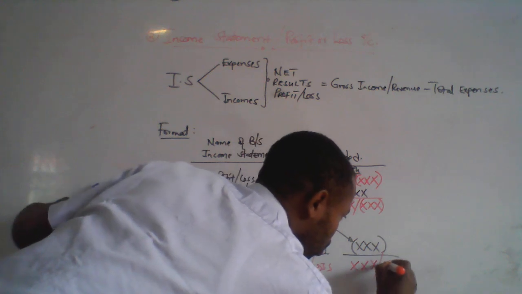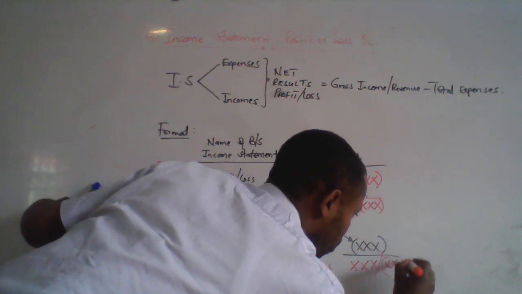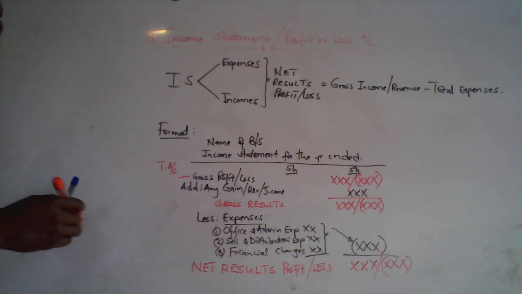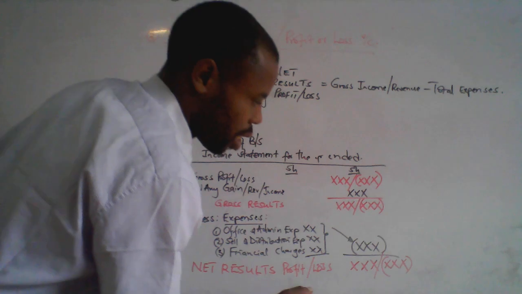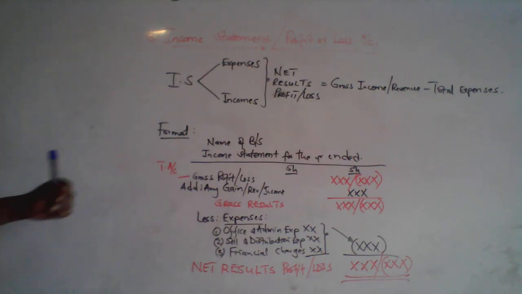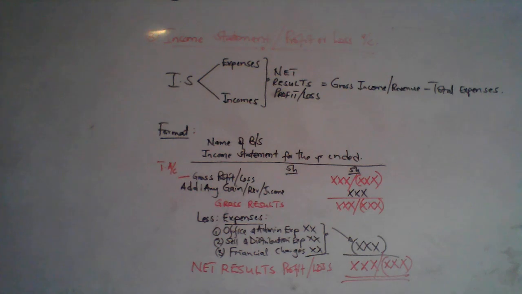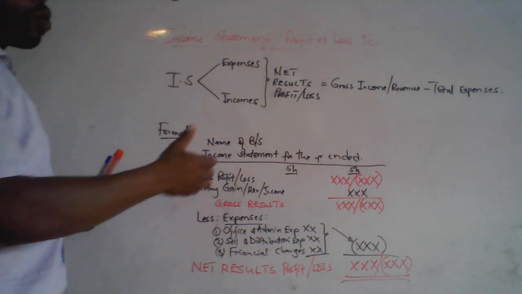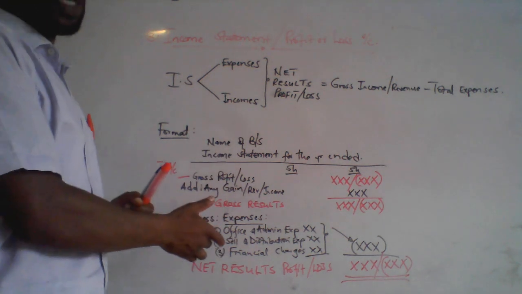If it is positive, it's a profit. If it is negative, it is a net loss. That is the end of what we call an income statement, the vertical format of an income statement.